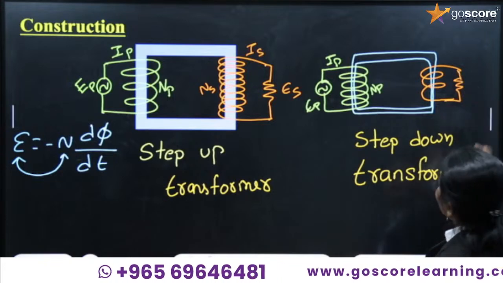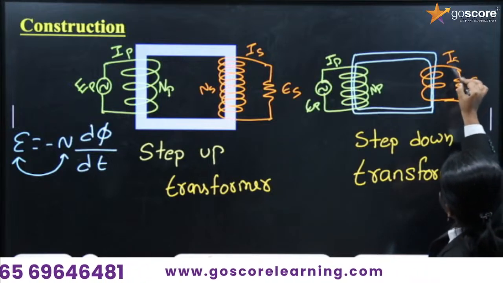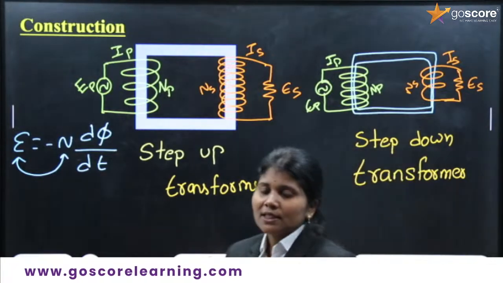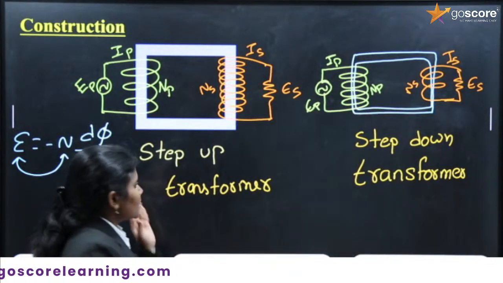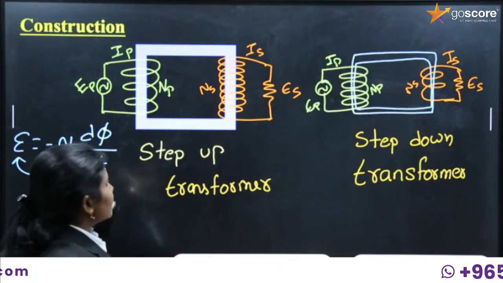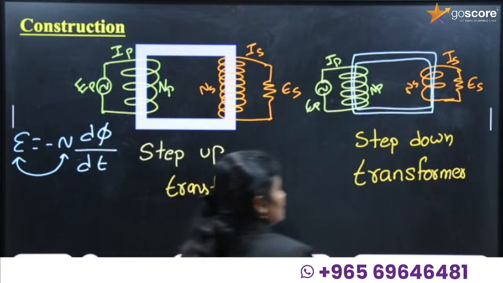It is connected with the load. Here we are getting secondary voltage, secondary current, and secondary side number of turns. This is the difference between the step up transformer and step down transformer regarding the construction. What are the differences between the step up and step down?